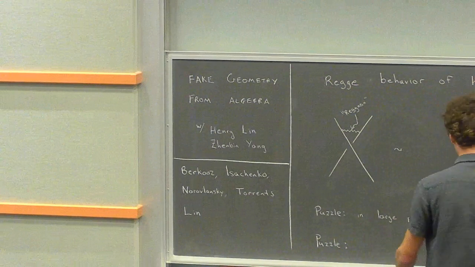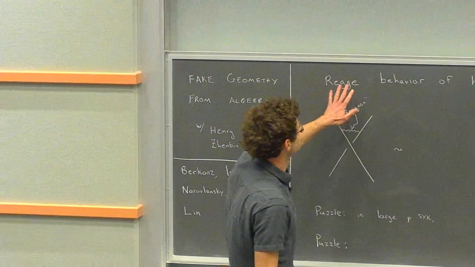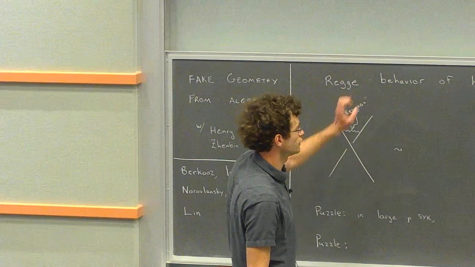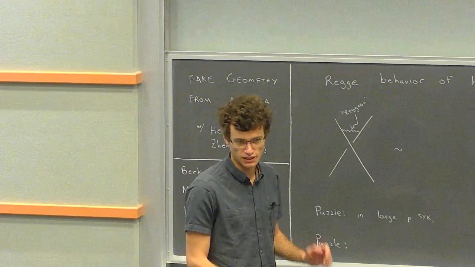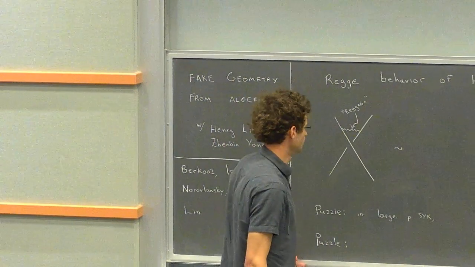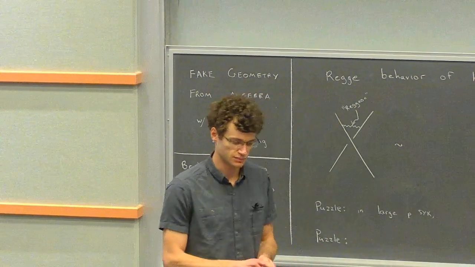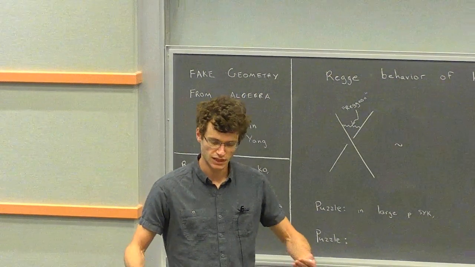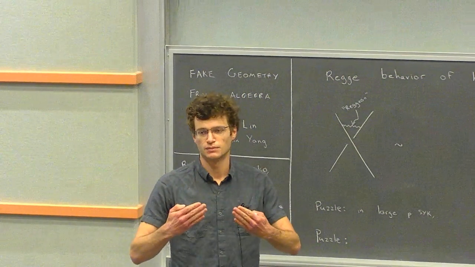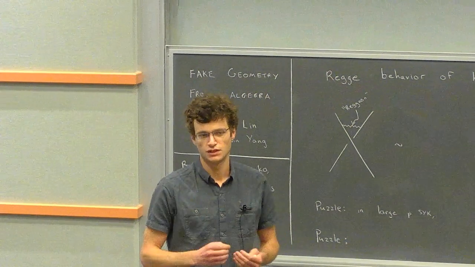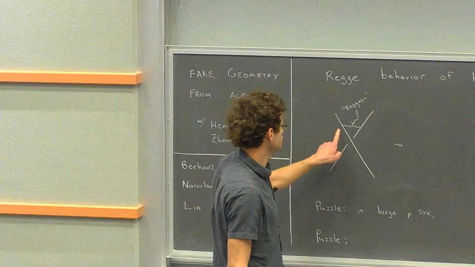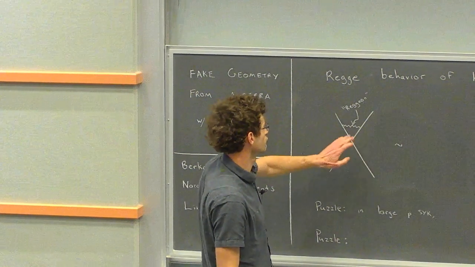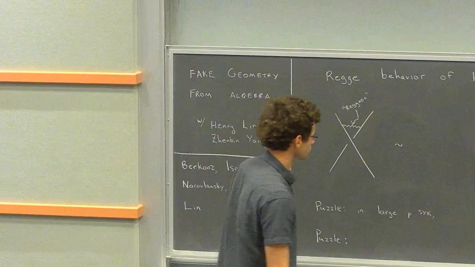Okay, so let me start with a brief review of Regge behavior in high-energy scattering at weak coupling. Here the idea is you have some kinematics where you have highly boosted particles that are scattering, but they're not getting deflected very much. So they're pretty much just going along, but they can exchange something which is formally defined as a reggeon.